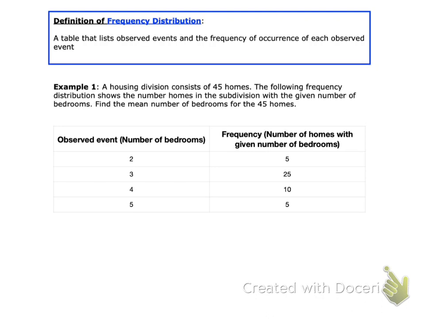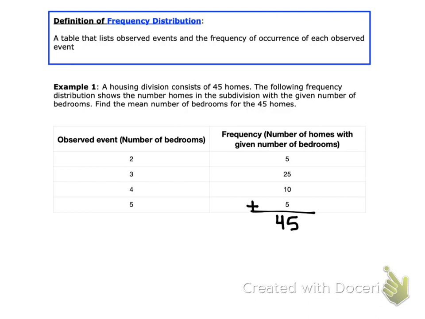So this would imply that in the subdivision, 5 houses have 2 bedrooms, 25 houses have 3 bedrooms, 10 houses have 4 bedrooms, 5 houses have 5 bedrooms. So this frequency is what we're adding up to get our total, which we know should be 45 based on our instructions.